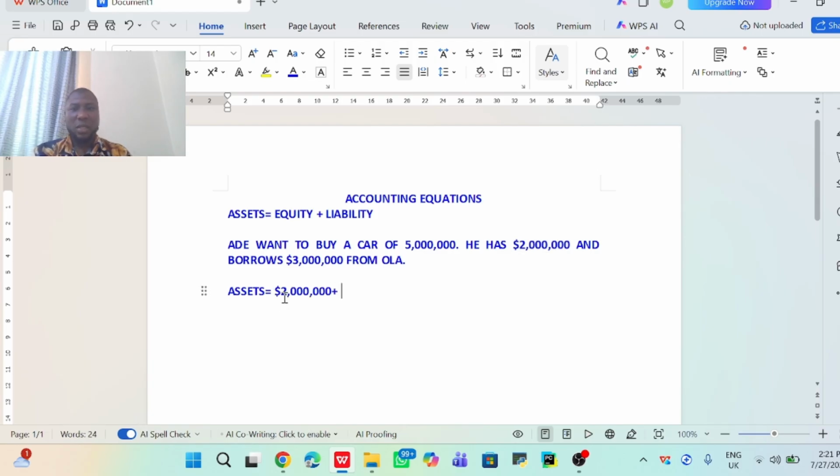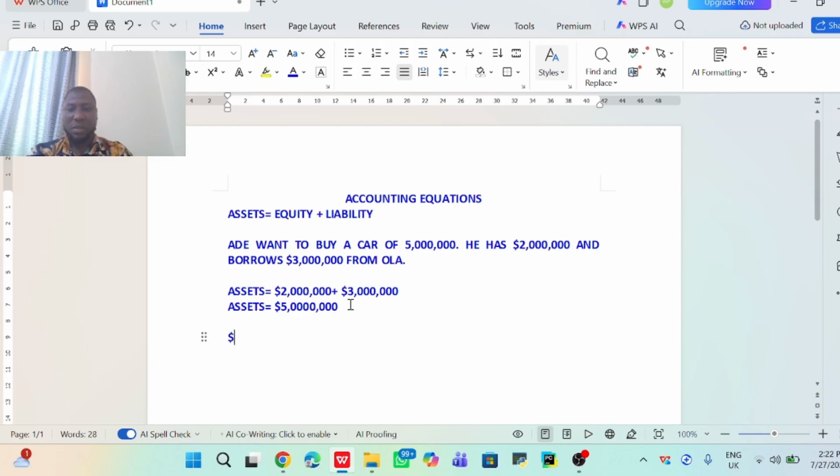Plus liability, which means the amount that you borrowed from someone. So Ade borrowed 3 million from Ola. So in total, our asset is equal to how much? 5 million naira.